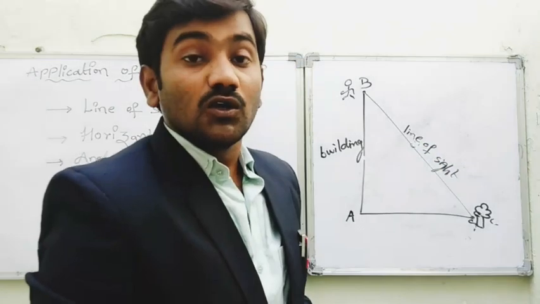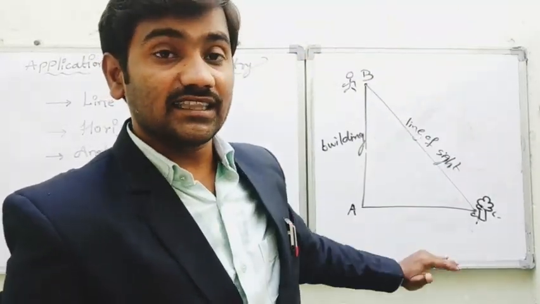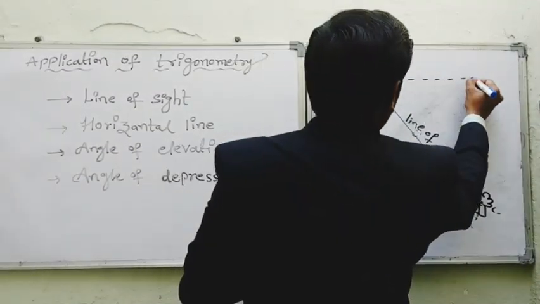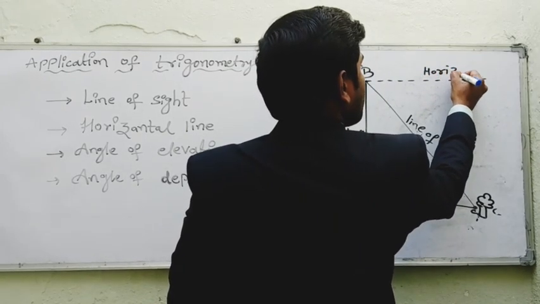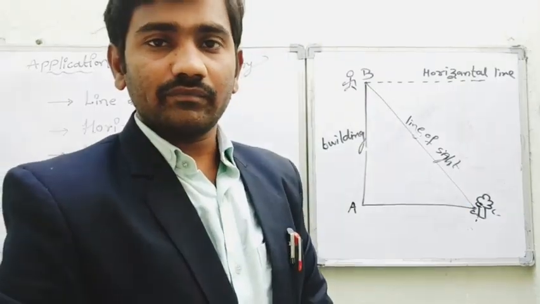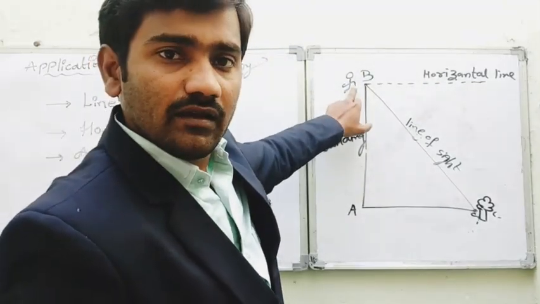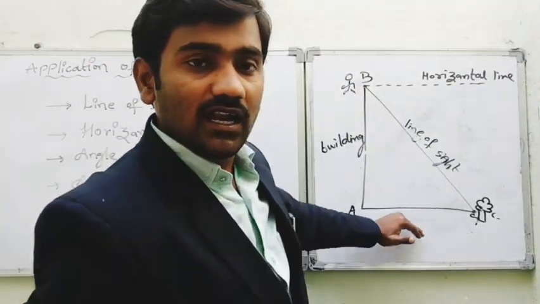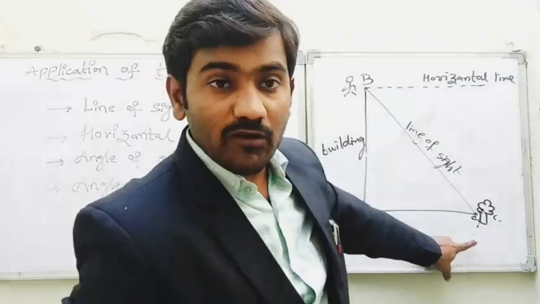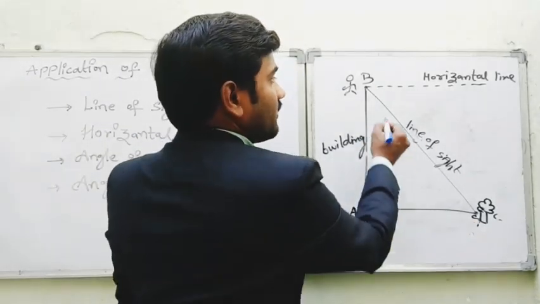The horizontal line comes from our eyes, the straight line parallel to the earth's surface. You are at the position of B, and from there the straight line parallel to the surface is known as the horizontal line. From the position B you are observing a flower pot on the ground, so here is the line of sight. Now you are observing this with some angle from here.